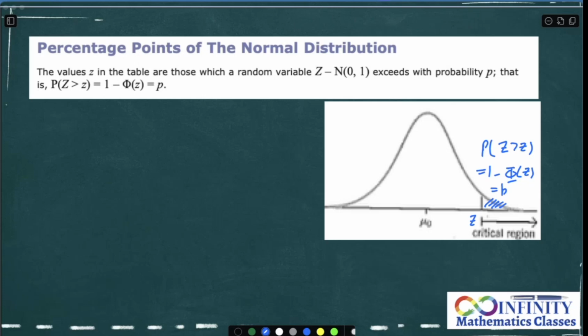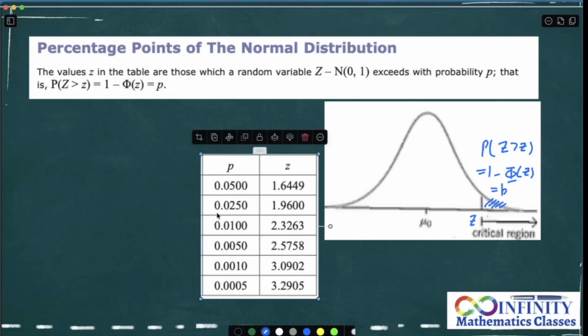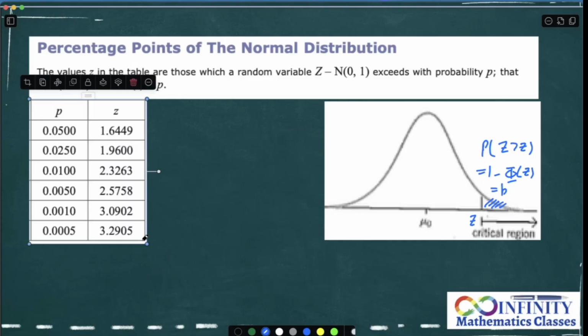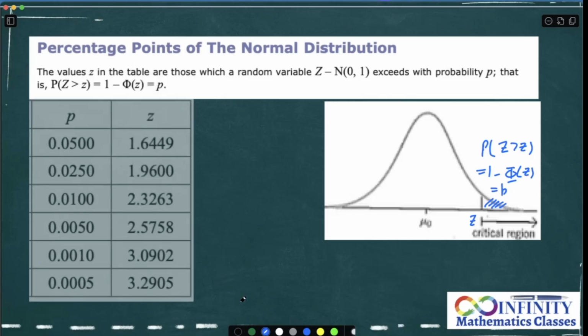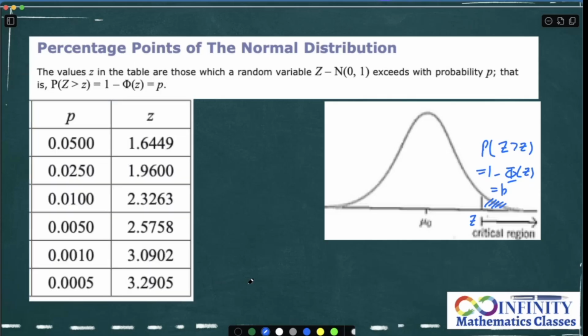So basically, you try to focus on the value of P, which is going to be 1 minus phi z. We know the values like 1.645 and minus 1.645.